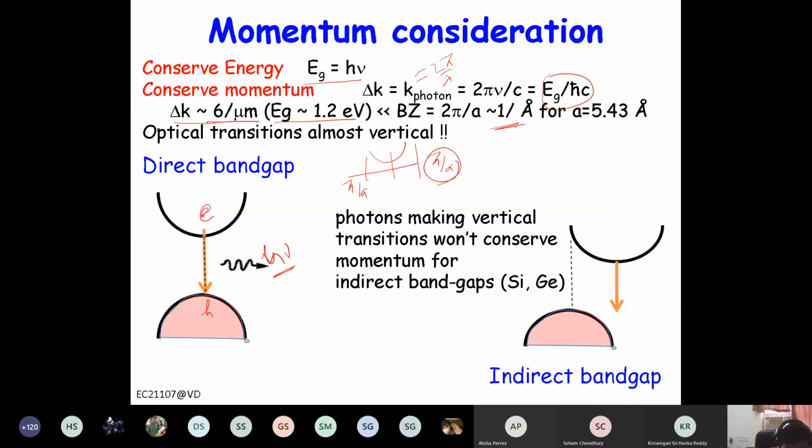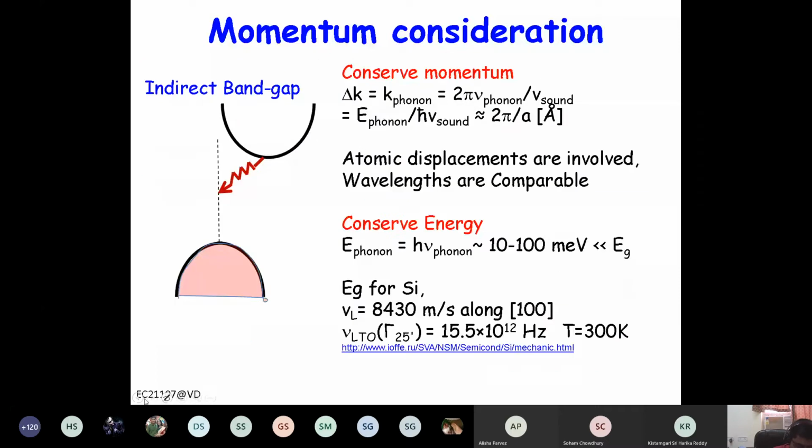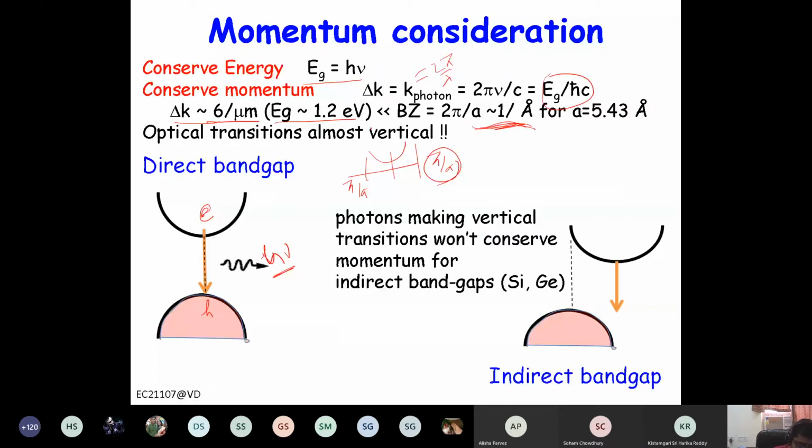What is a for silicon? Around 5.43 angstrom, right? So that will be of the order of 10 raised to power 10. This is 10 raised to power 6, right? So the momentum of electron is much larger than the momentum of photon.